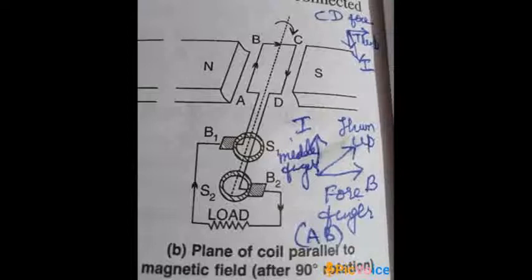Okay, because when it was stationary, there was no magnetic field associated with it, but the moment you rotated it by 90 degrees, what happened? It became parallel to the magnetic field. And we have studied in the earlier videos that when it becomes parallel, the magnetic flux is 0. Okay.